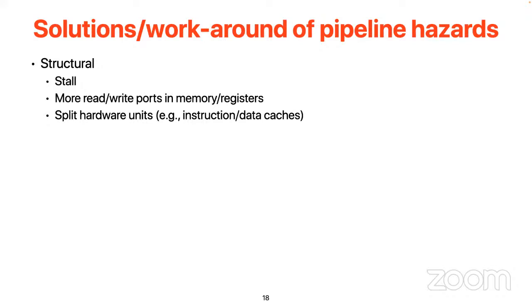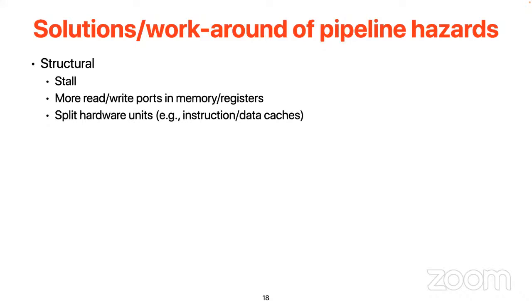And for structural hazard, there's no better solution than modifying your hardware, to be honest. There are several ways of doing it. You can definitely stall, or you can make more read-write ports in memory and registers, to allow more concurrent accesses. Or you can split the hardware units.